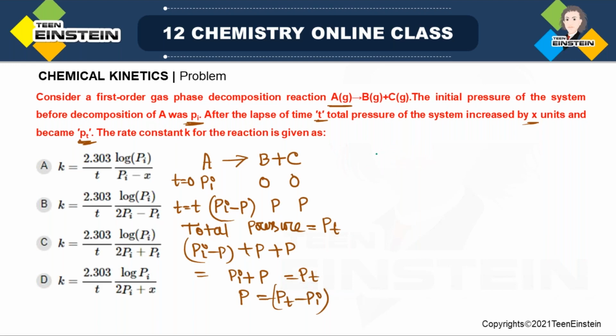Now we will write the first order kinetics, the corresponding equation. Kt equals 2.303 log initial concentration, which is Pi, and remaining amount of A. See, this is actually Pi minus P, isn't it? So we will write here Pi minus P, remaining amount. Now what is the value of P? It is Pt minus Pi.